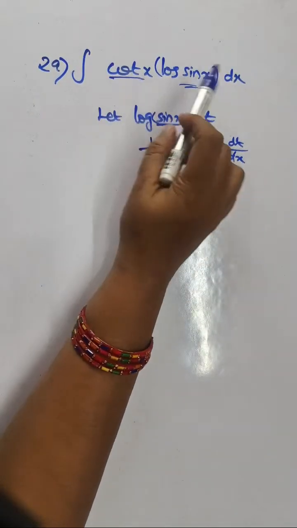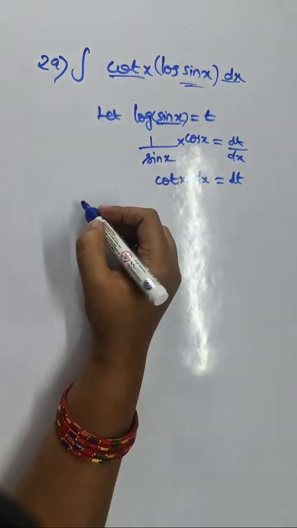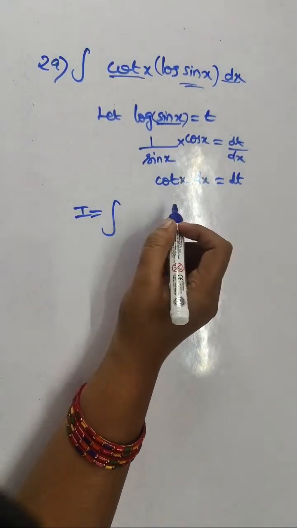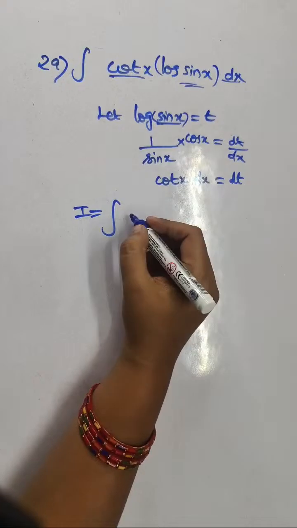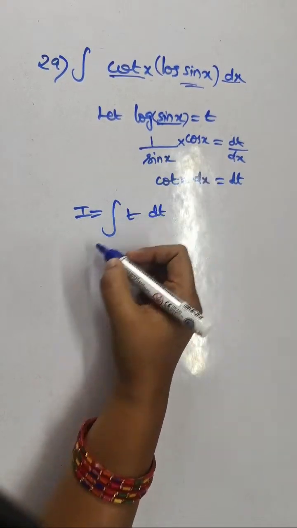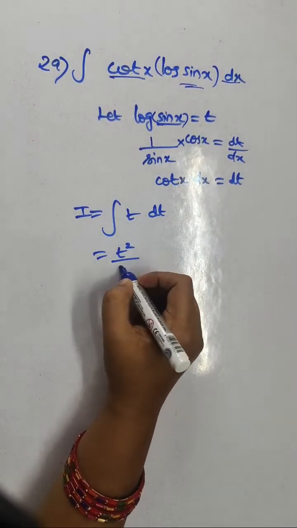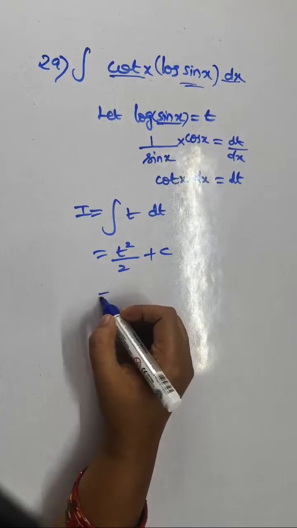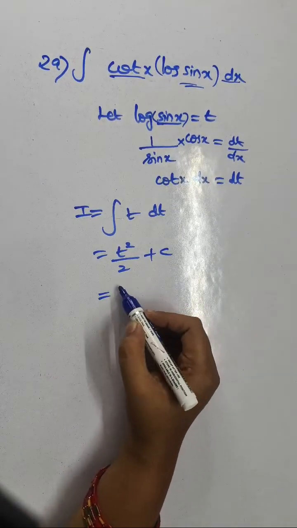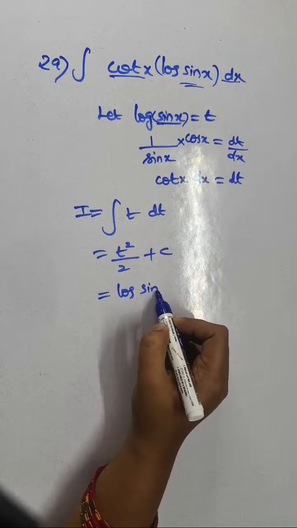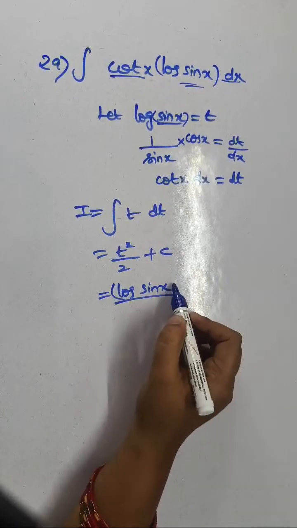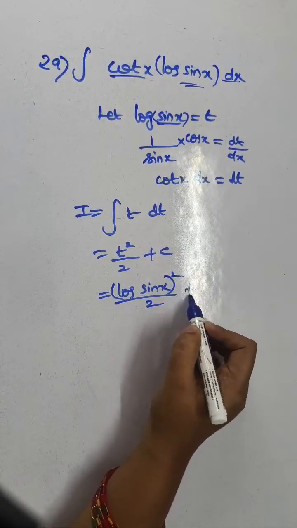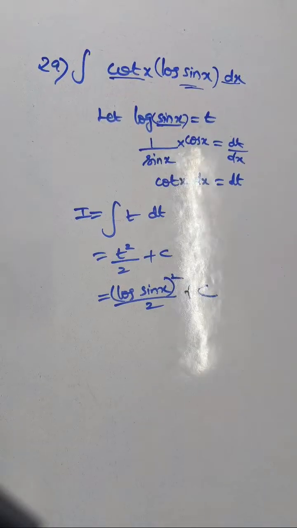So we have cot x into dx, that we can replace as dt. Log of sin x can be written as t. So now integration of t can be written as t square by 2 plus c. So t can be written as log of sin x, the whole square by 2 plus c. This is the required answer.